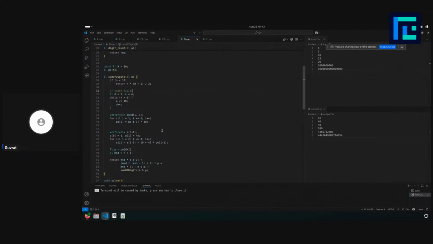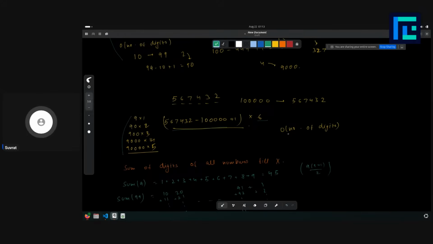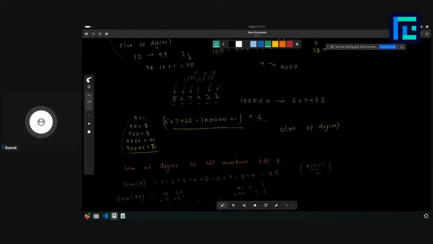So here basically temp is actually the position where we are at currently. For first position, then the 10th position, then the 100th position, then the 1000, and the 10,000, and the 1 lakh. So basically this while loop is nothing but this thing.